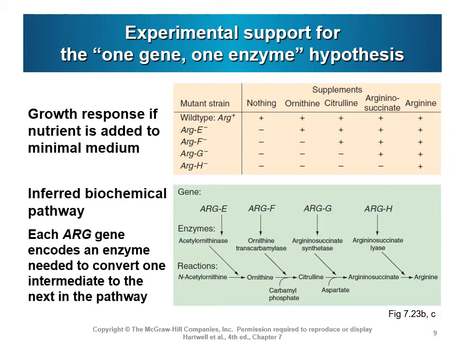The same with ornithine, the arginine F gene. So when we have a mutation of arginine E, arginine F, arginine G, or arginine H, any interruption in any of these genes will result in interruption of arginine synthesis in general.